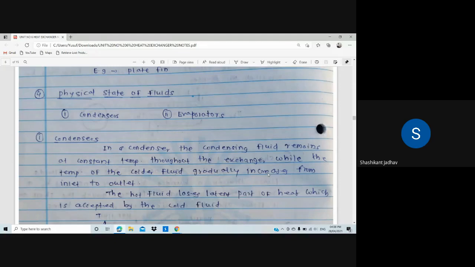In the condenser, the condensing fluid remains at constant temperature.